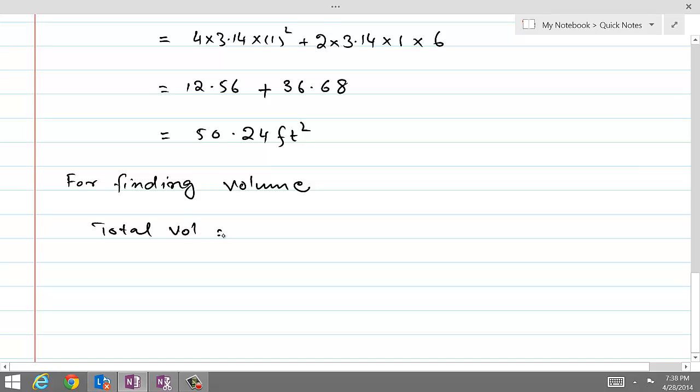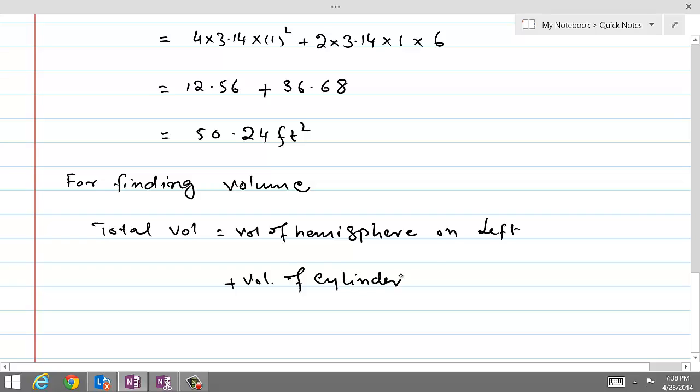Total volume is equal to the volume of the hemisphere on the left, plus the volume of the cylinder, and again the volume of the hemisphere on the right.